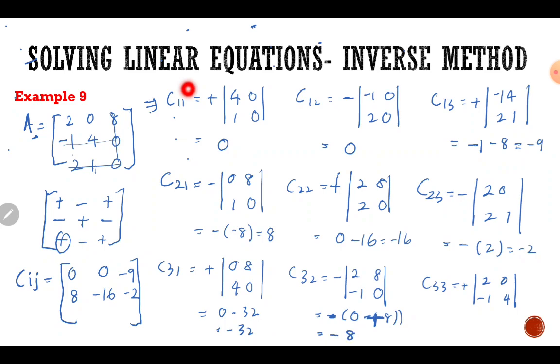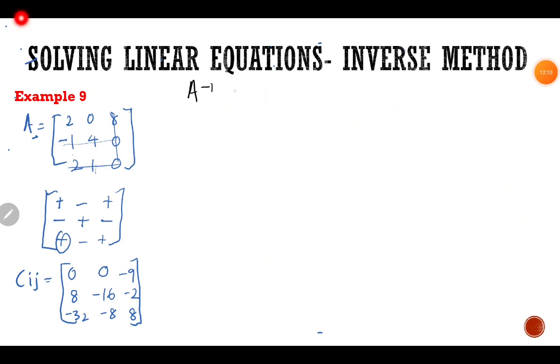Okay, please avoid those careless mistake with the sign positive negative tu. And then the final one, yang ni depan ni positif kan, then 8 tolak 0 is positive, so we get 8. So the cofactors for the third row is negative 32, negative 8 and 8. Alright, so we got the cofactors already now.